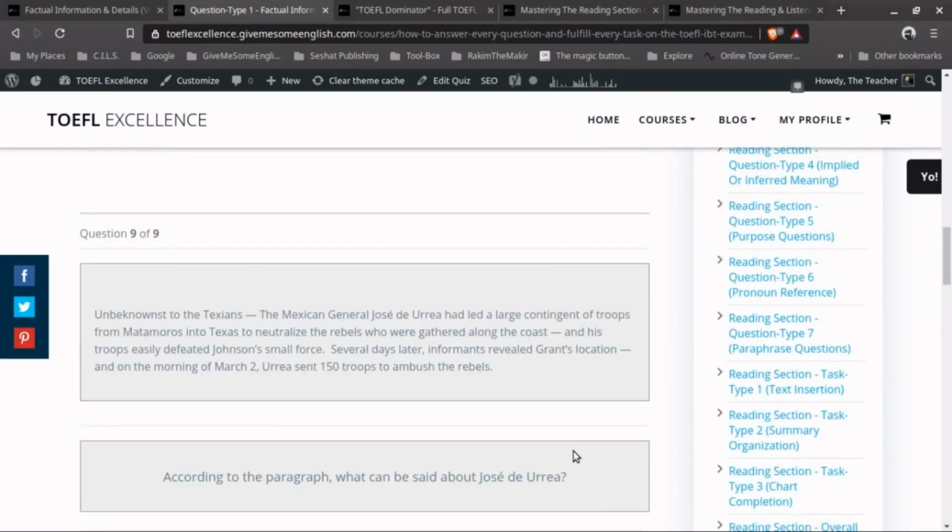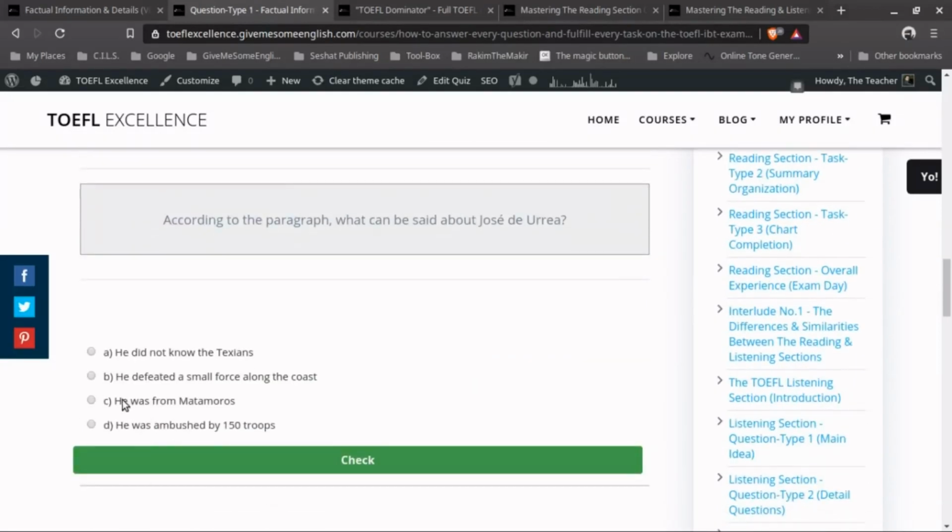He was from Matamoros. Wait, they mentioned Matamoros here. From Matamoros, he led a large contingent of troops from Matamoros. Well, that could mean that the troops were from Matamoros, but it probably means that he and the troops were in Matamoros and he led them to the coast to neutralize the rebels. Probably not the answer. He was ambushed by 150 troops.